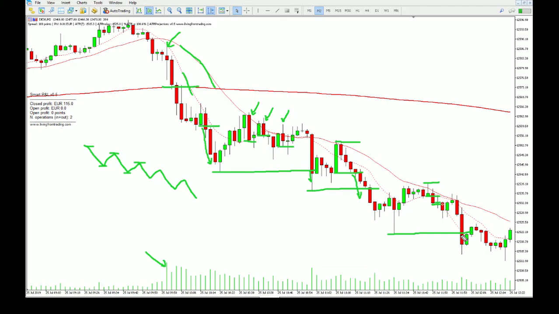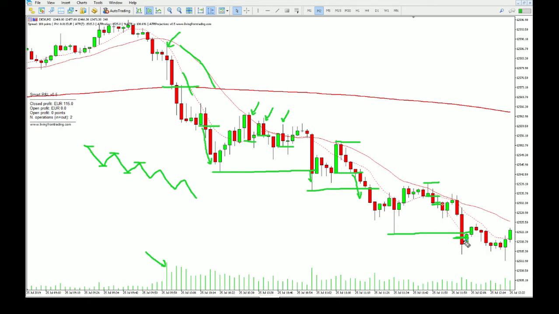In this case, when it broke this low, the price came very quickly to this point, and it came up again very quickly. So I was only able to put my stop loss here.